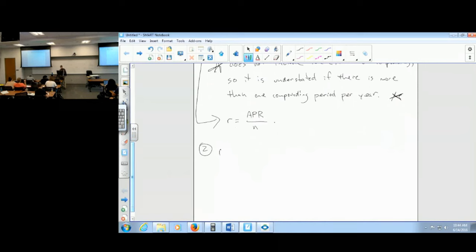All right, there's another definition of interest rates, which goes by the funny name EAR. We usually say EAR instead of saying it out in full. That is your effective annual rate.